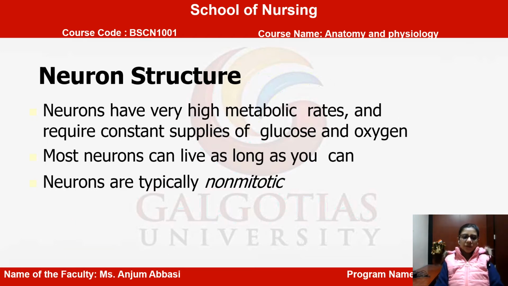Neurons have a very high metabolic rate and require constant supplies of glucose and oxygen for proper functioning. Most neurons can live as long as you can. Neurons are typically non-mitotic.